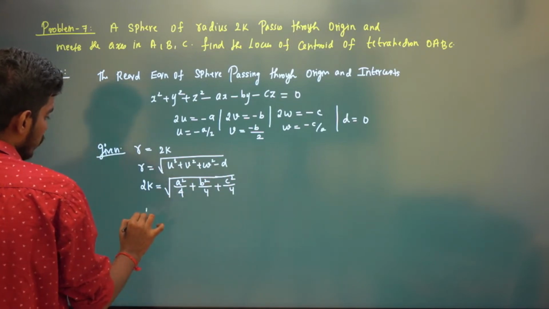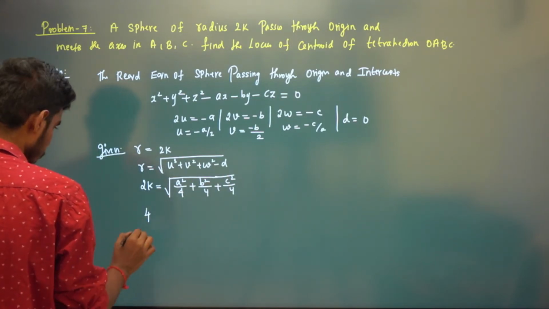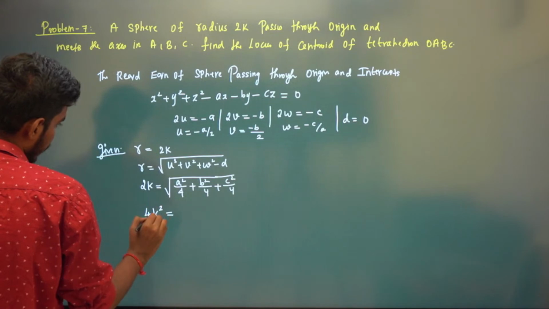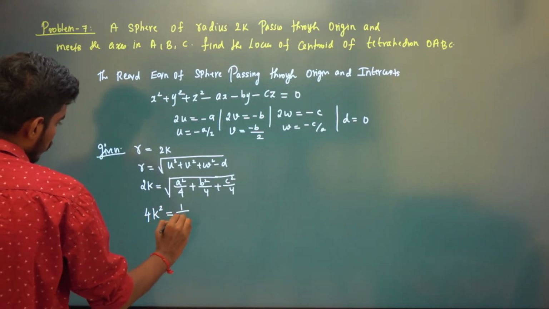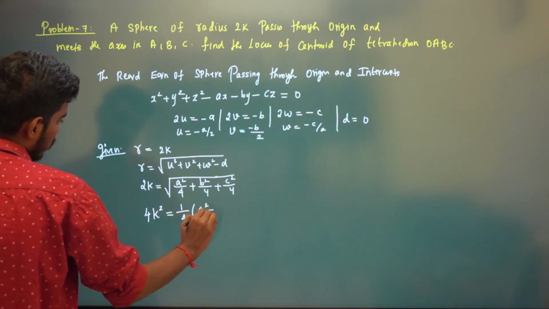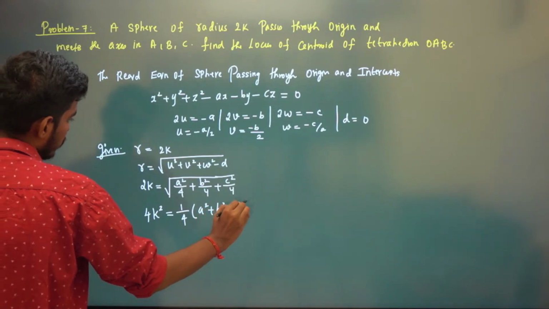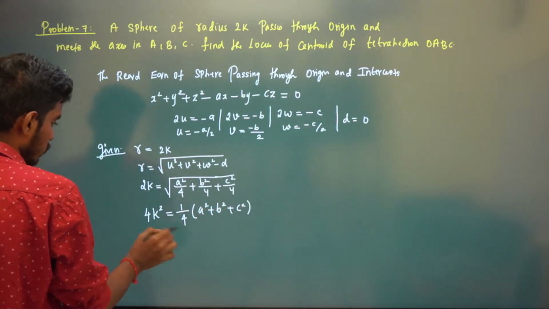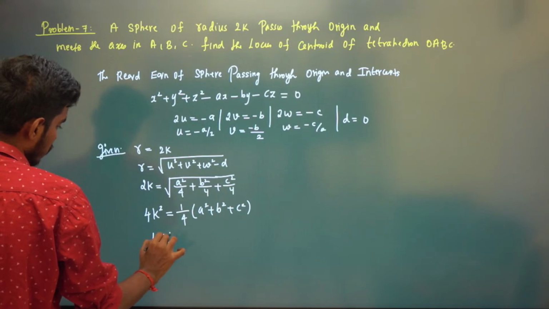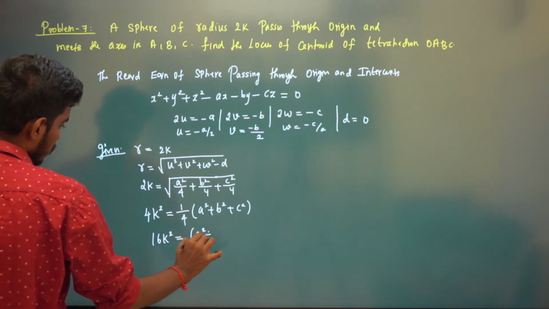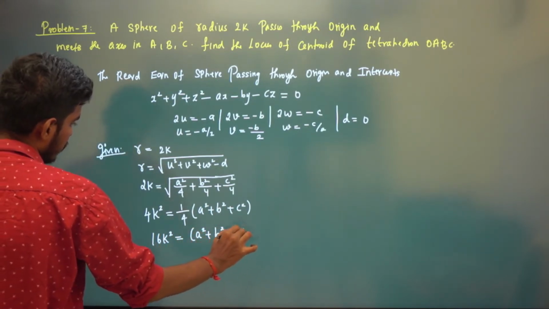So square it up. You will have 4k square is equal to 1 by 4 times a square plus b square plus c square. So this will be 16k square is equal to a square plus b square plus c square.